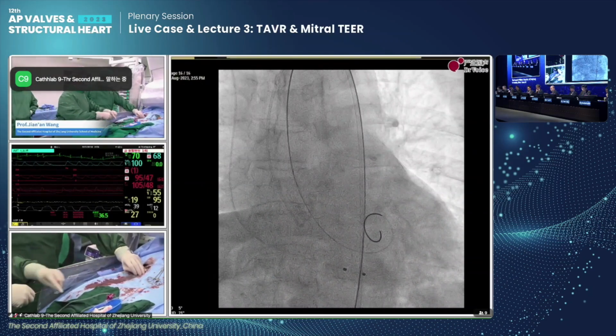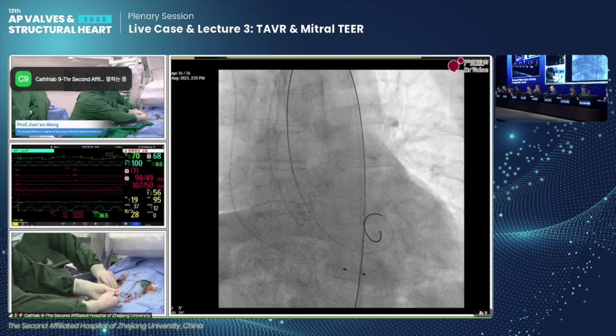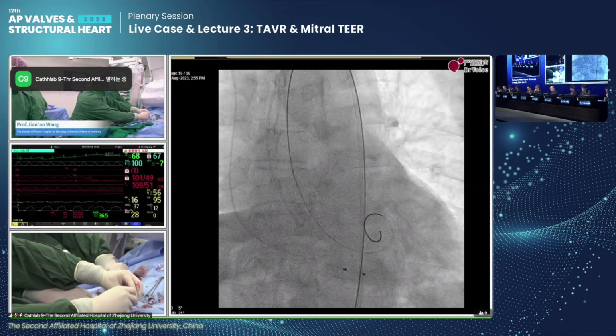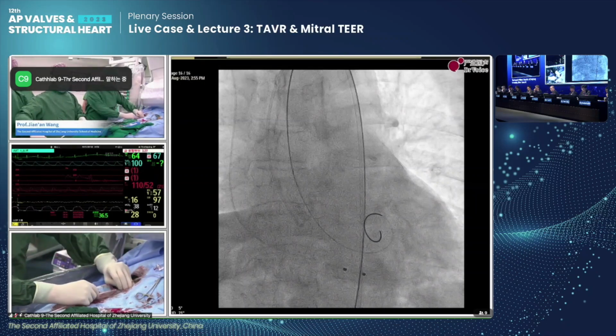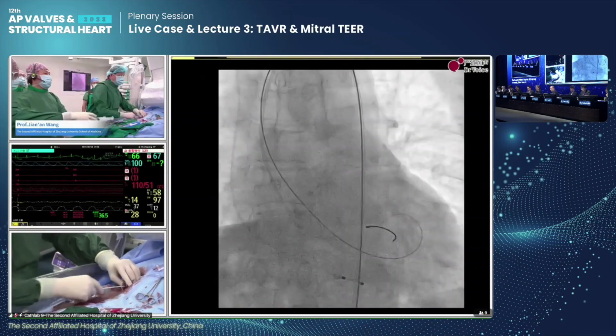Also, according to the balloon inflation, we can have some information about whether the orifice of coronary will be occluded or not. We can predict something. So now I'm going to do the balloon valvotomy.